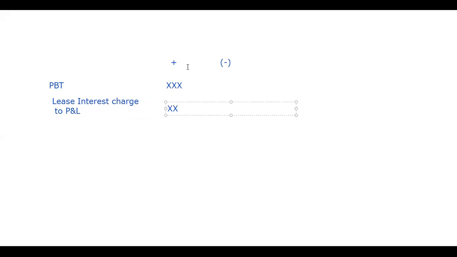Then we can claim capital allowance on the lease asset. We can deduct based on the restriction as we discussed previously.